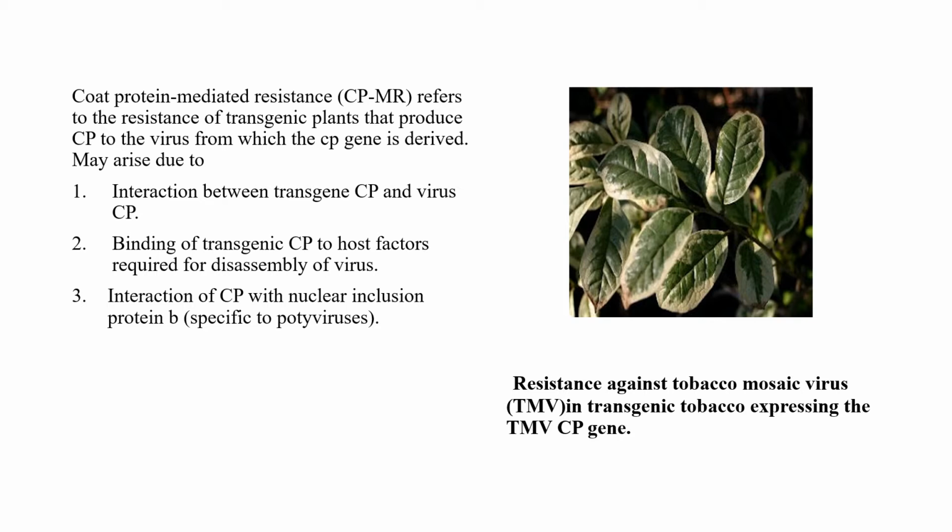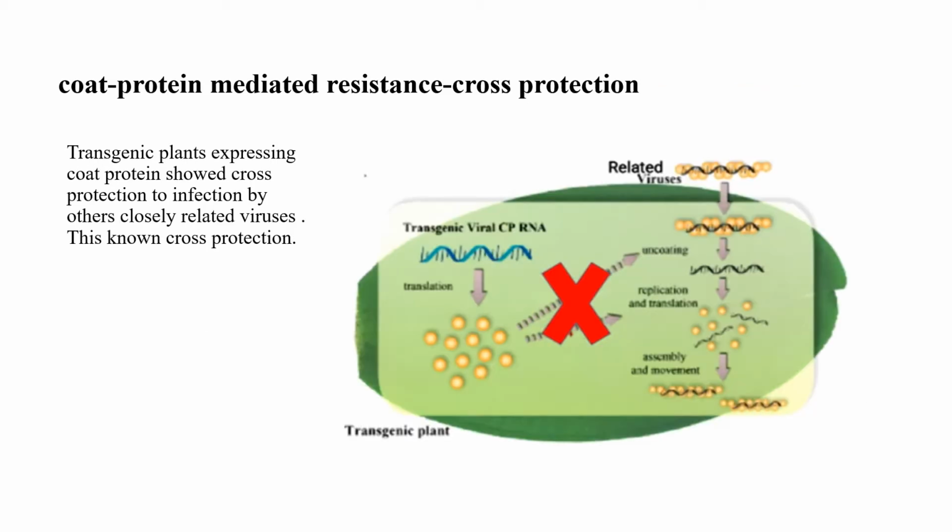On the left side, we are going to see the resistance against tobacco mosaic virus in transgenic tobacco expressing the tobacco mosaic virus coat protein gene. Coat protein mediated resistance, that is cross protection. These transgenic plants expressing coat protein showed cross protection to infection by other closely related viruses.